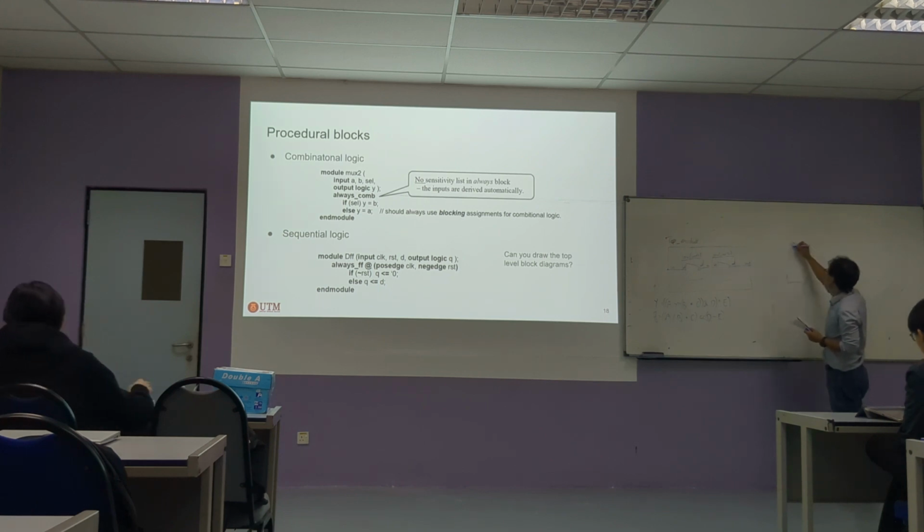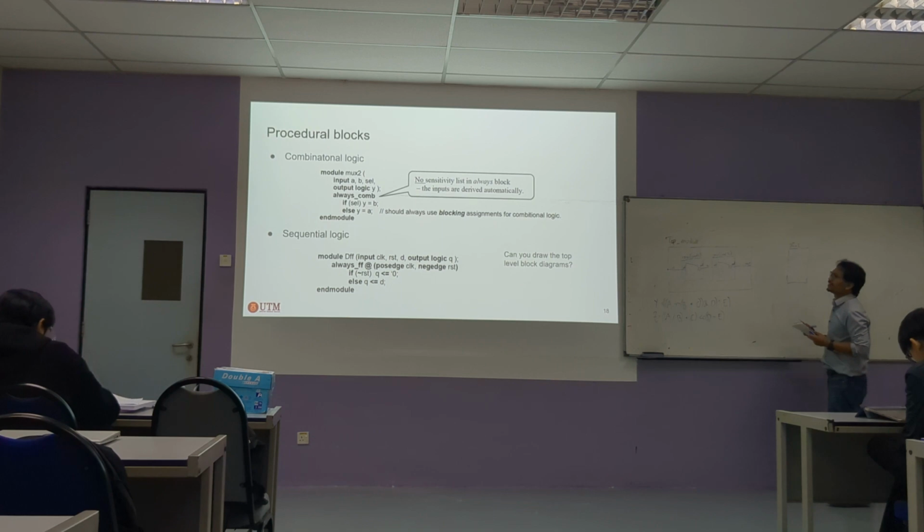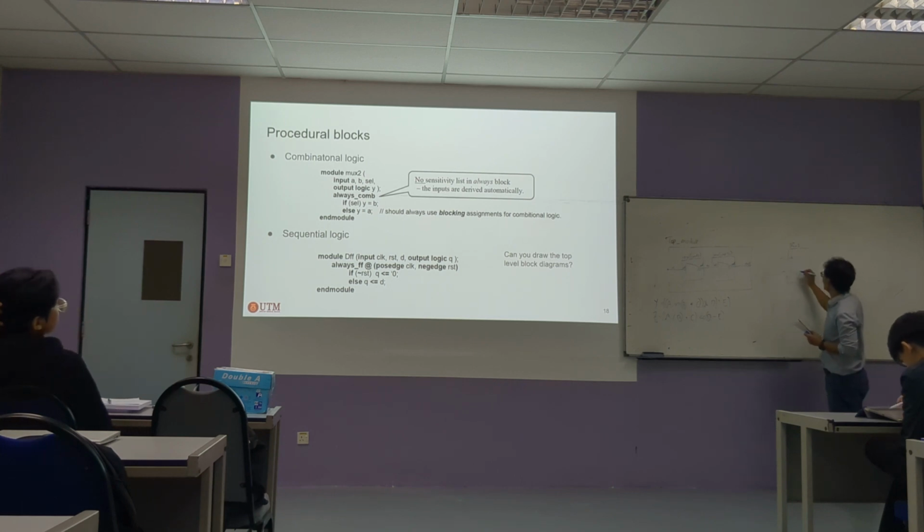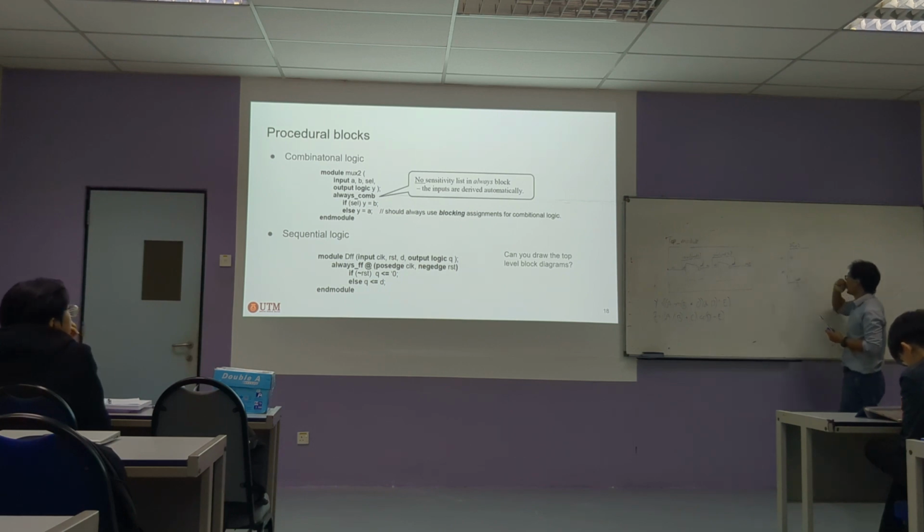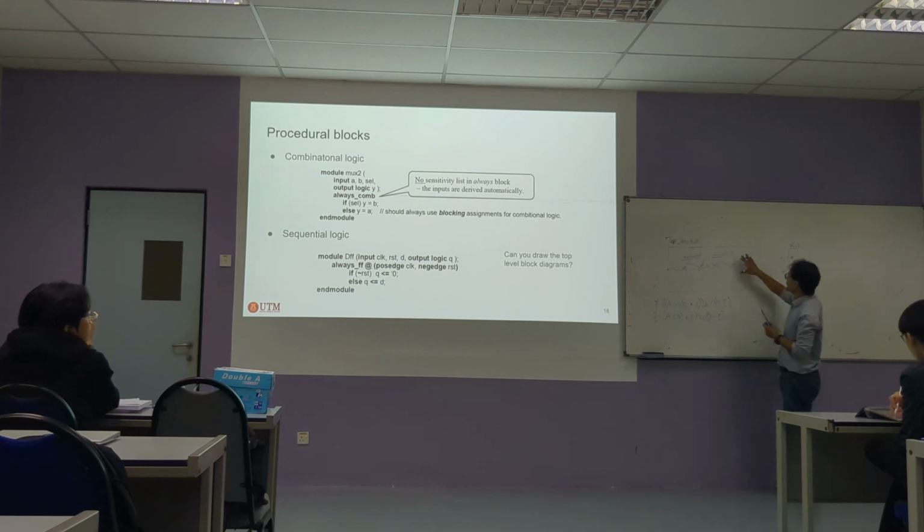So mux 2 here, and it has input A, B and select. All of this is one bit. If you want to put A, B, select outside or inside, I think it doesn't really matter, but if it's like this, I think it's better to put it inside.